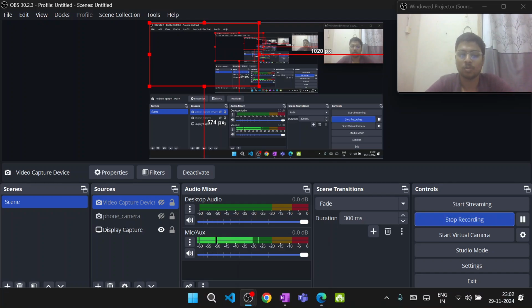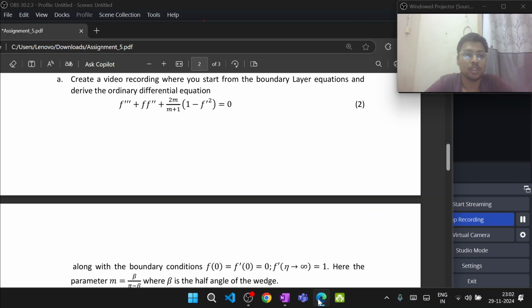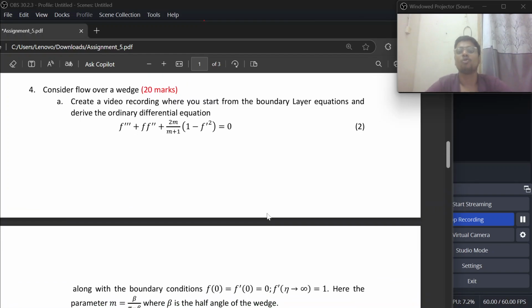Hello everyone. So now we will solve the fourth problem. Consider flow over a wedge.